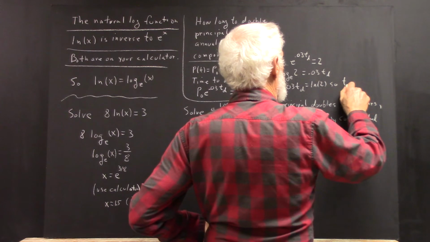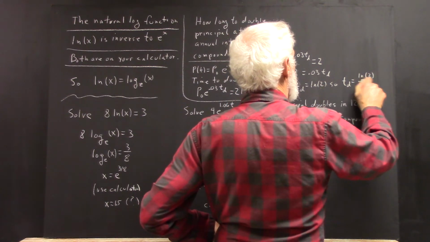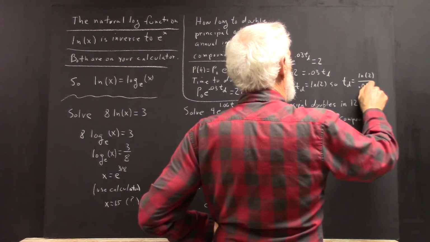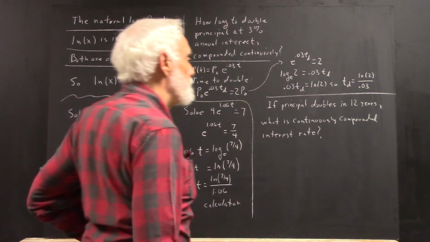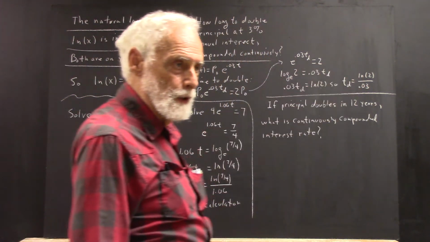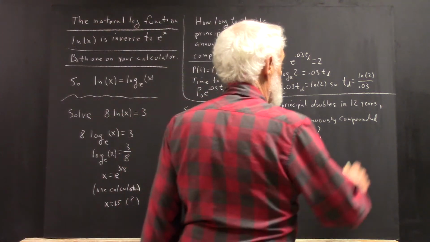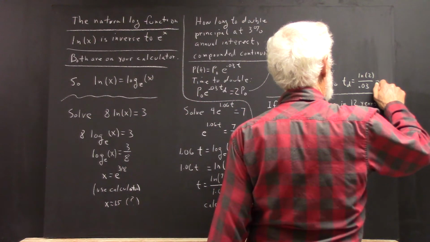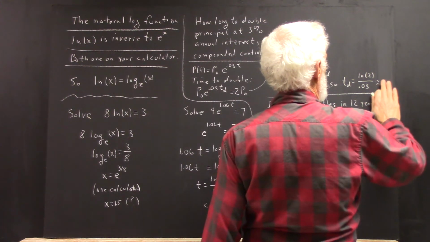So t sub d is the natural log of 2 divided by 0.03. And take that to the calculator. Okay, it's going to be about 18. So if you get something besides 18, wait a minute, that's going to be about 24.